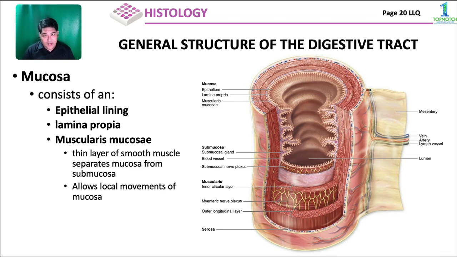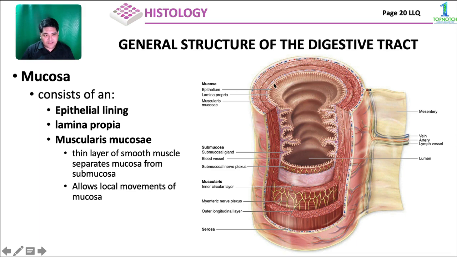Your mucosa, syempre, nandyan ang epithelial lining, supported by your lamina propria. Dito, sa mucosa, may muscles. It's your muscularis mucosa. Okay, it is a layer of smooth muscle that separates your mucosa from your submucosa. Why? Your muscularis mucosa allows local movements of the mucosa.